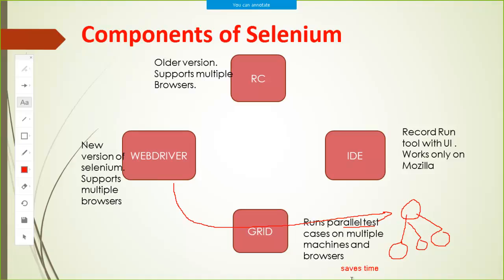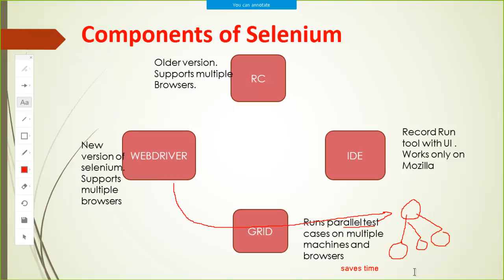So how does Grid help? It saves your time, and you can test your application across multiple browsers and different operating systems as well, because when you will be running your test cases in parallel, you can have a Windows operating system, or a Linux operating system, or a Mac operating system.